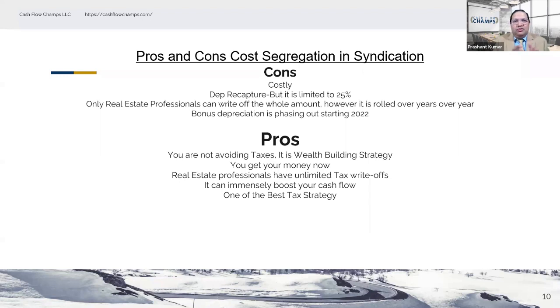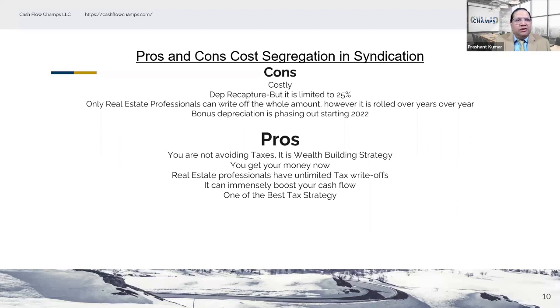So you are getting the cash flow, you are deferring your taxes. When that property is sold, you recapture that at a lower percentage, but then you buy another property again, right? So you get depreciation there. So you are creating a compounding effect. It's the best wealth building strategy. That's all I wanted to communicate. Hopefully everybody is getting a hang of it.